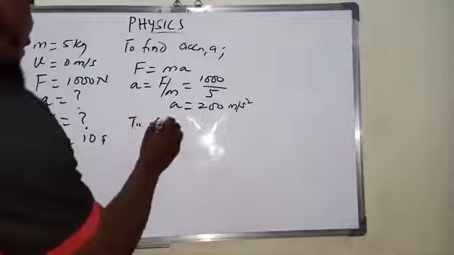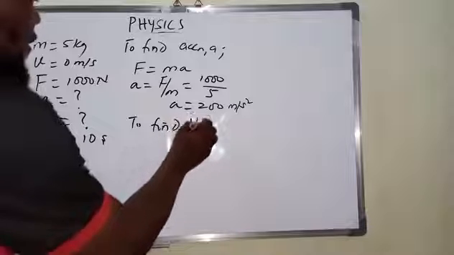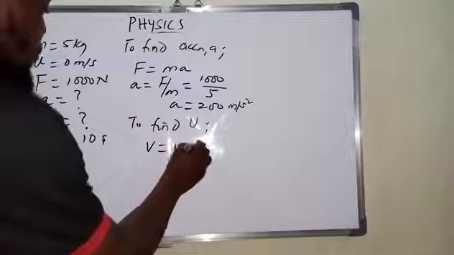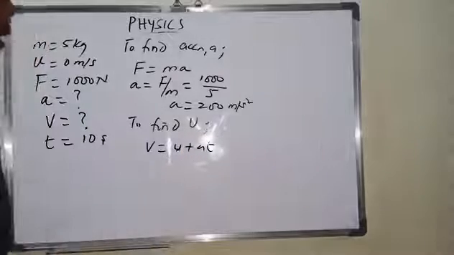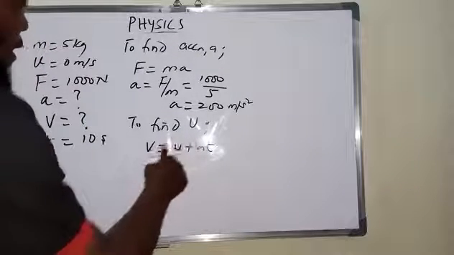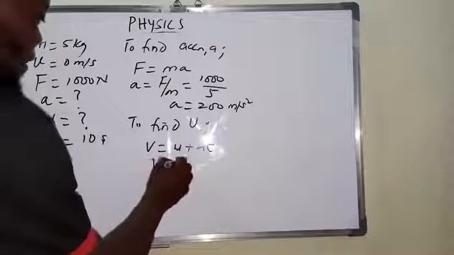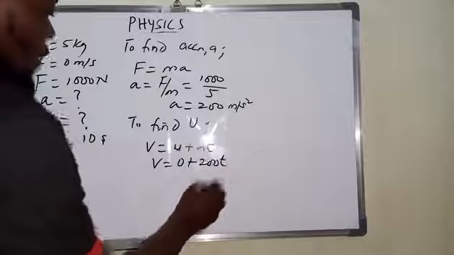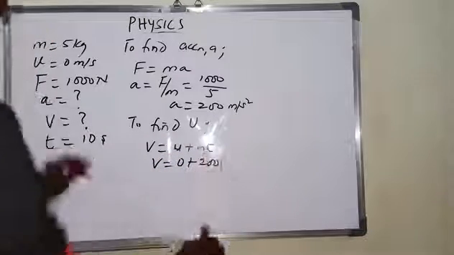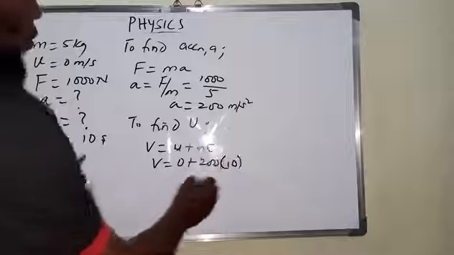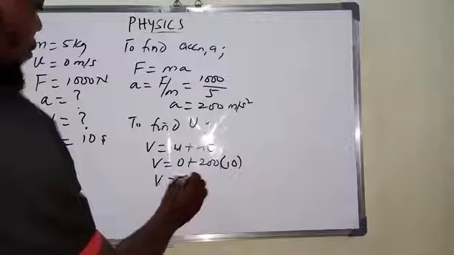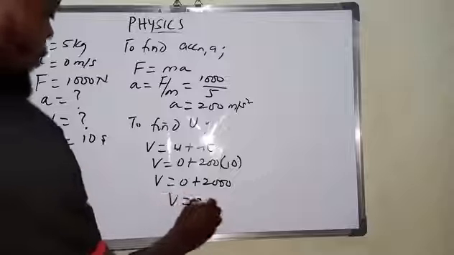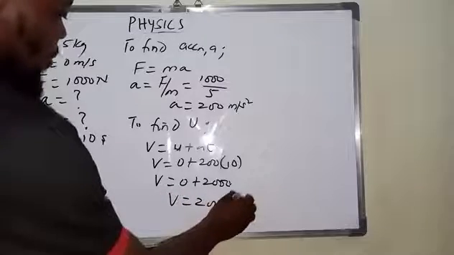To find the final velocity v, we apply v equals u plus at. From here, u is 0, a is 200, and our time is given as 10 seconds. So we should have v equals 0 plus 200 times 10, that's 2000, which finally gives us 2000 meter per second.